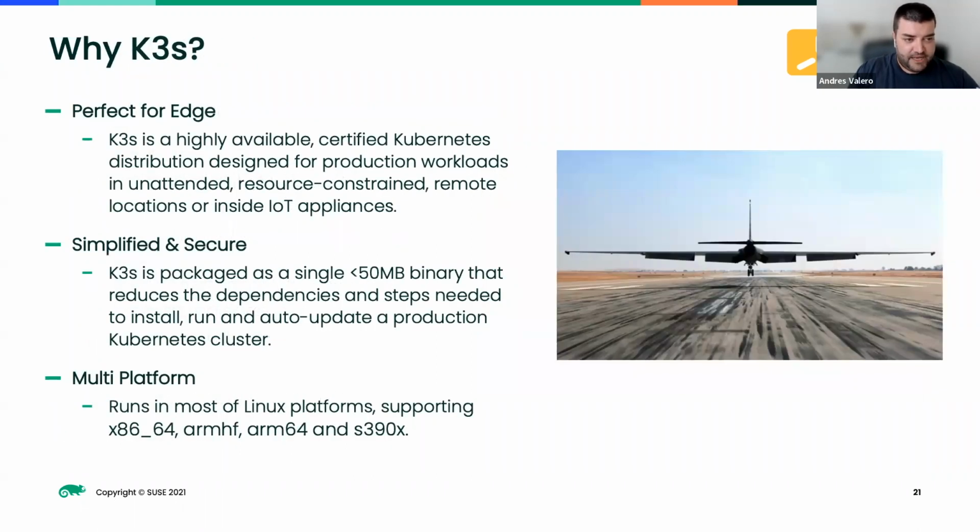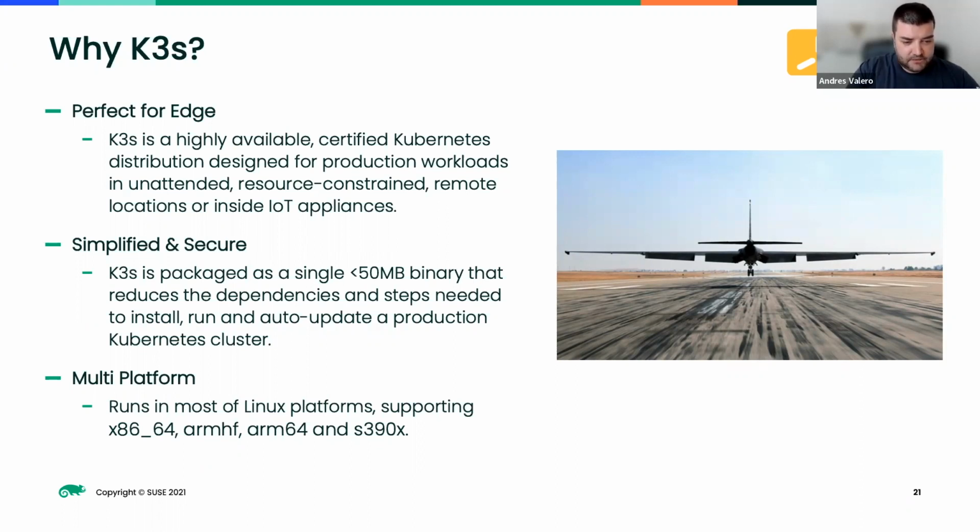And why K3s? Because first of all, it's perfect for Edge because it's high available if you want, certified by CNCF, ready for production workloads in resource constrained environments, and even in IoT appliances. It's very low on consumption on resources. K3s is simpler. It's packaged as a single binary, less than 50 megabits.